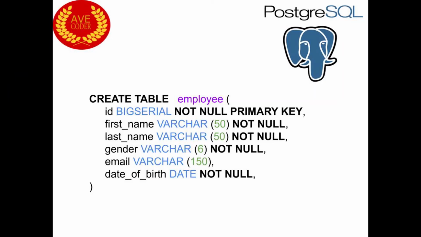But here we have an example of the table we want to create. As you can notice, I've added some constraints, not null, to the columns, and I've added a primary key to be an ID. And I've also reduced the maximum number of characters for gender to 6, since it's more practical.